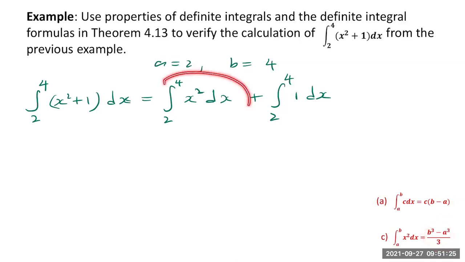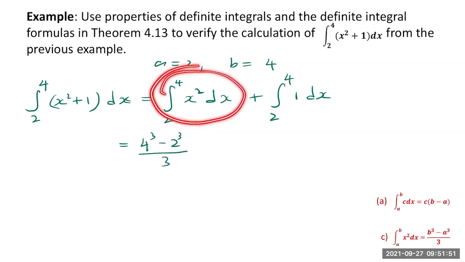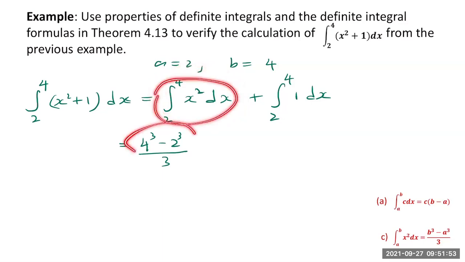Your a is 2, b is 4. You have x squared, so I can apply that formula. That would be equal to b cubed minus a cubed divided by 3. B cubed is 4 cubed minus a cubed, which is 2 to the power 3, divided by 3. That's the value of the first definite integral.